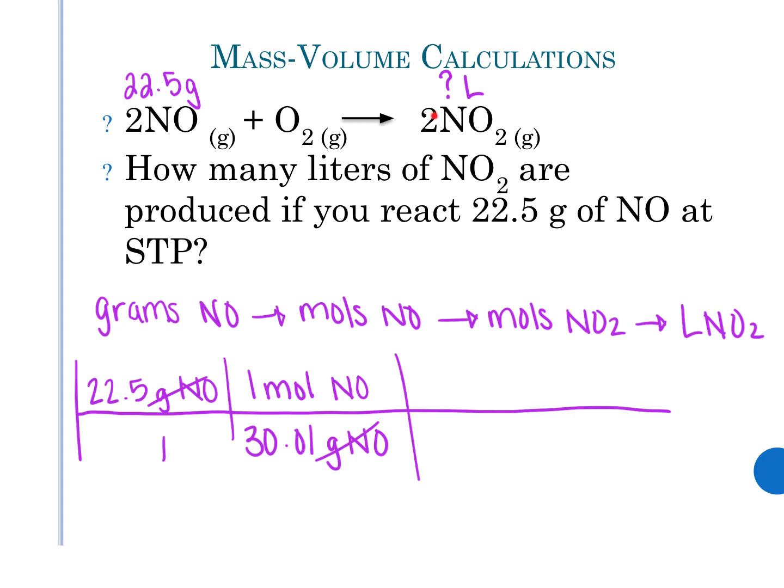What do you have to use? Good. Okay, that mole to mole ratio. If moles of NO are on top, what has to go on the bottom? Moles. Okay, moles of NO and how many? 2. So there's 2 moles of NO, and you end up making 2 moles of NO2.